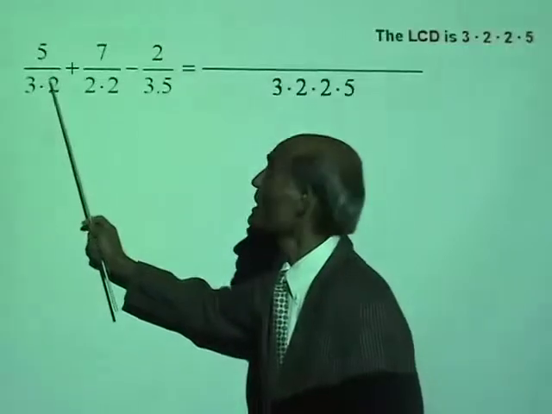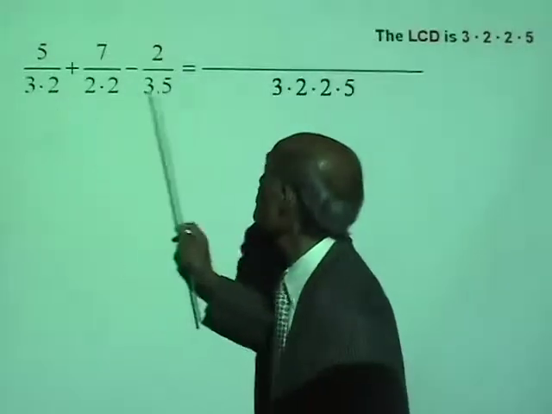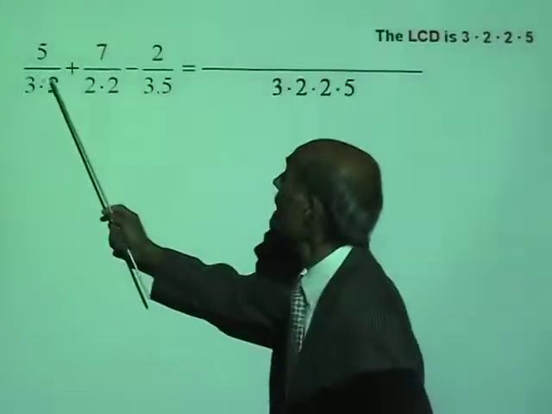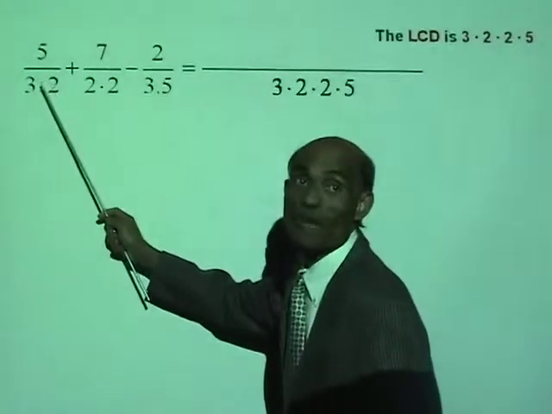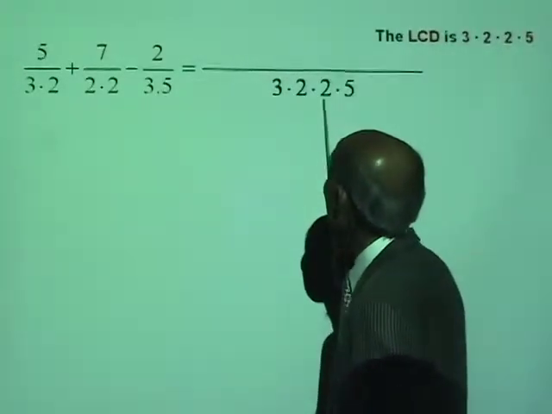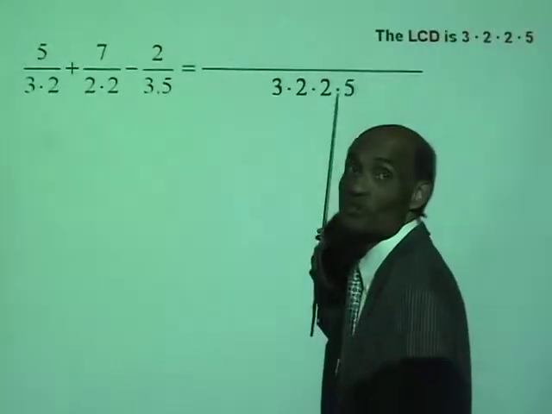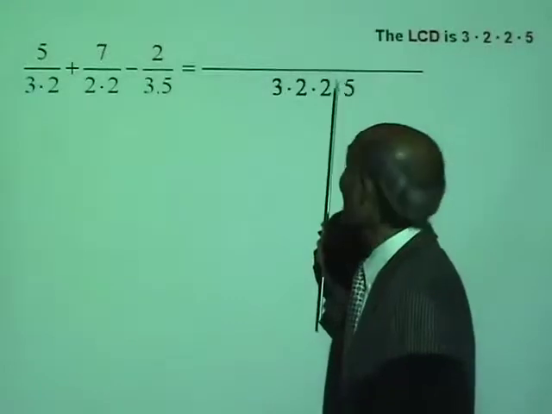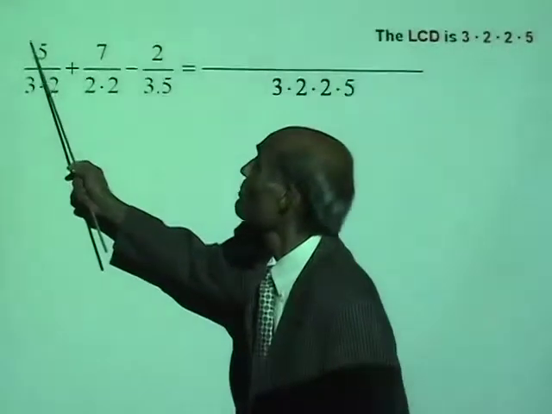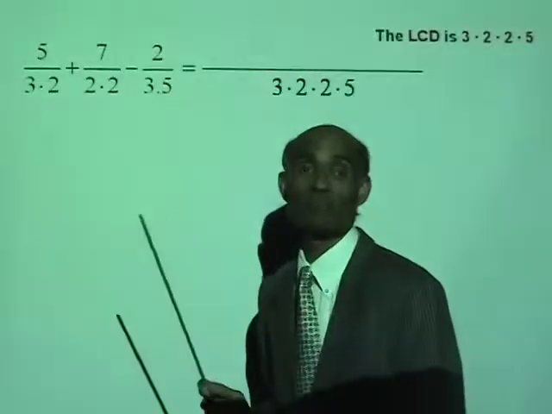The denominator here is 3 times 2. If you divide the LCD by 3 times 2, that 3 times 2 will cancel, leaving us with this 2 times 5. And it is this 2 times 5 that will multiply with that 5.